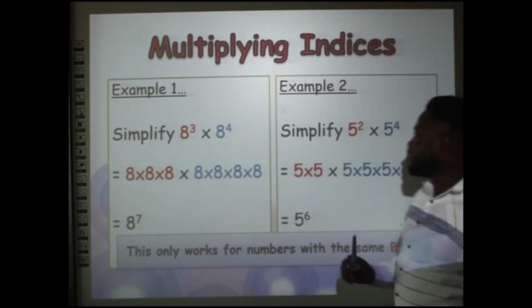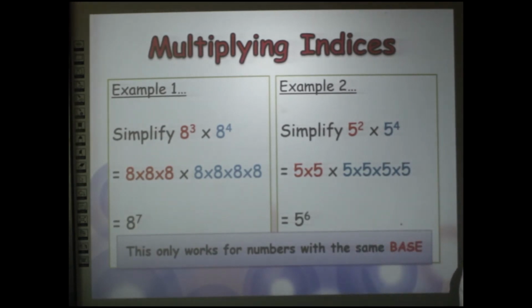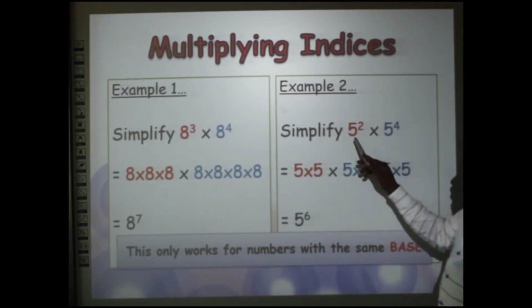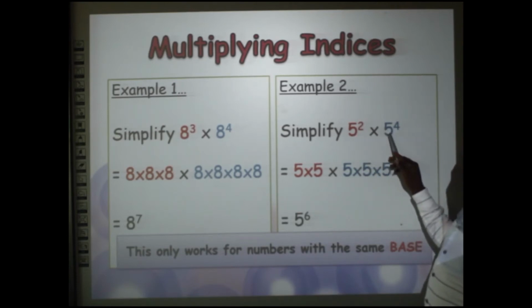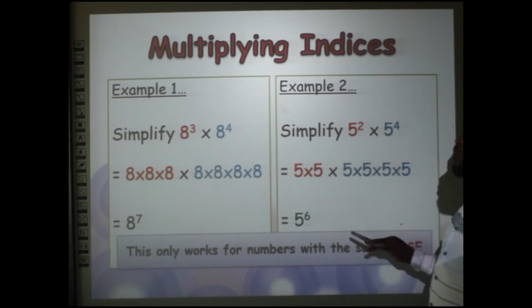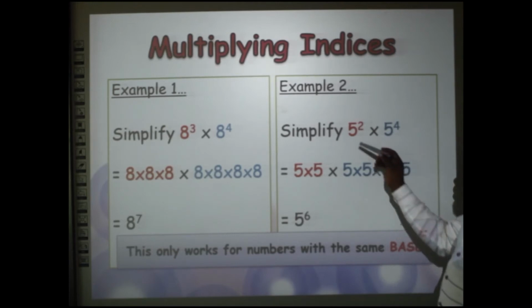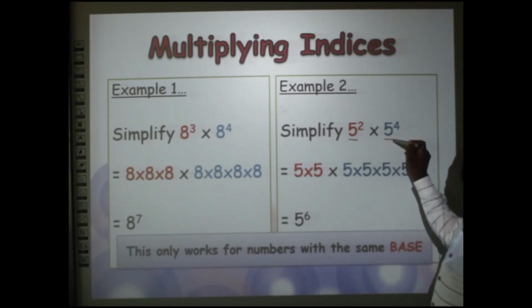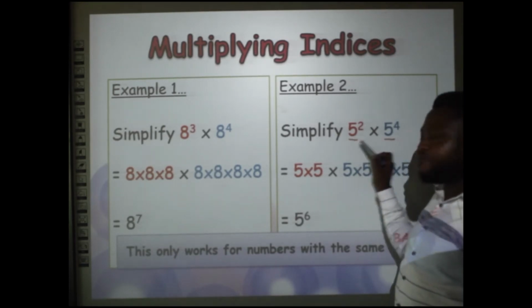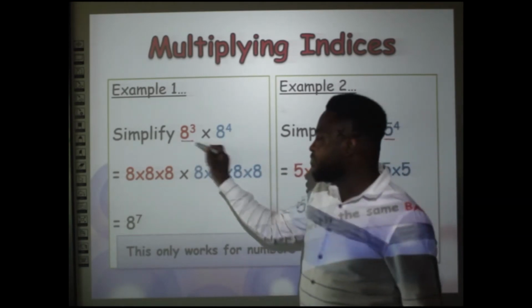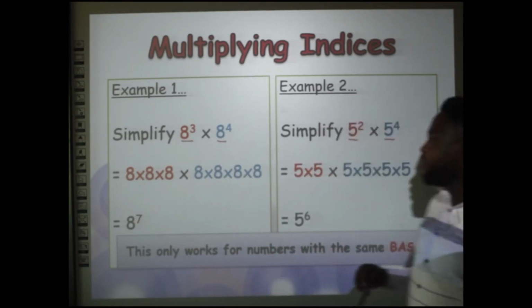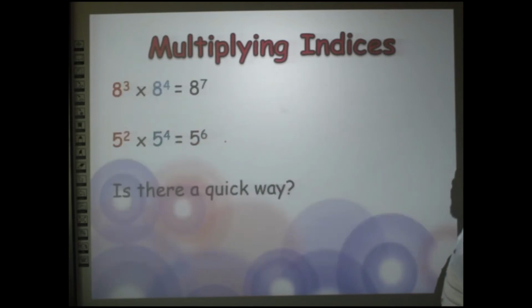Base. So that is a very important point. Because if this were to be 5 and this is 8, there is no way this would be possible. It only works if you have the same base. As you have 5, 5 here, 8, 8 here. Okay? So now let's move to the next page.